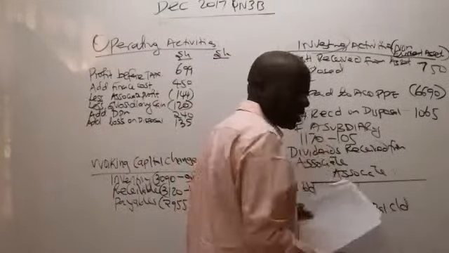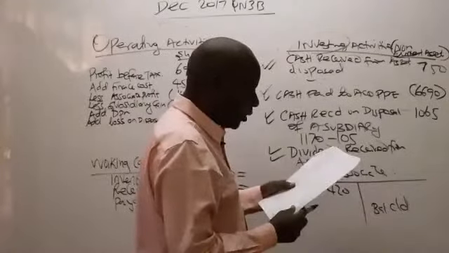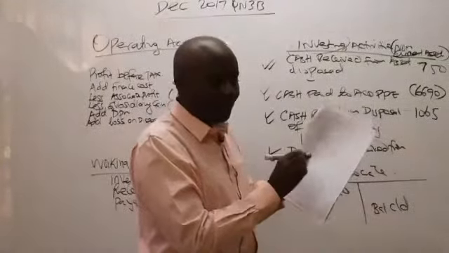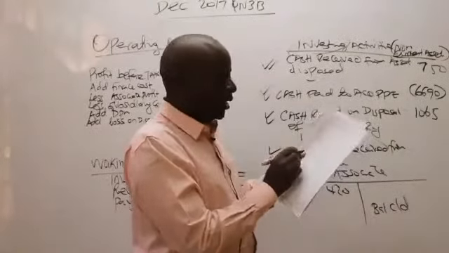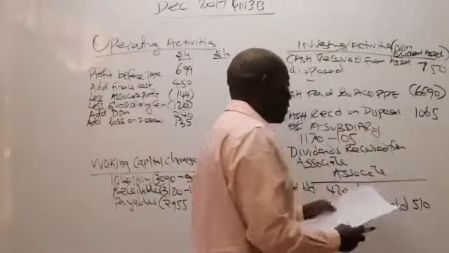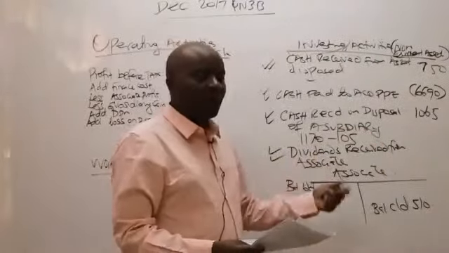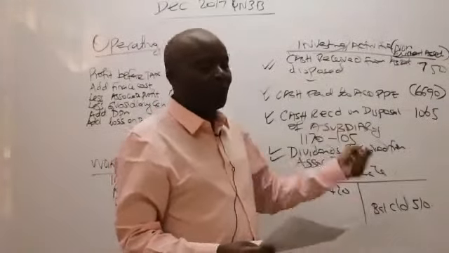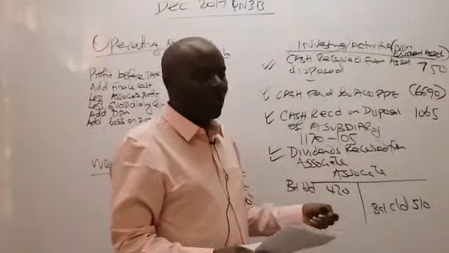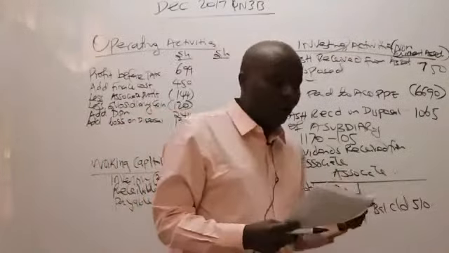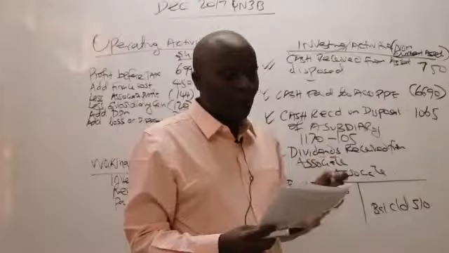Balance carried down in 2017 for the associate. For investment in associate, the balance carried down is 510. And then, of course, this is equity. Remember, it's equity accounting. If it's equity accounting, we are more concerned with the profitability of either the associate or the joint venture. So this associate, do we know the share of the profit of the associate?